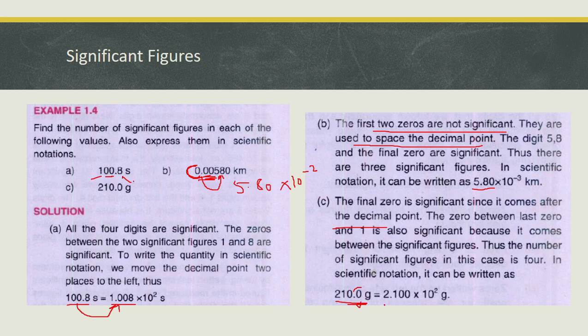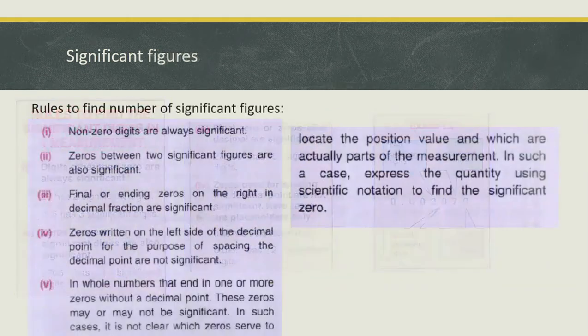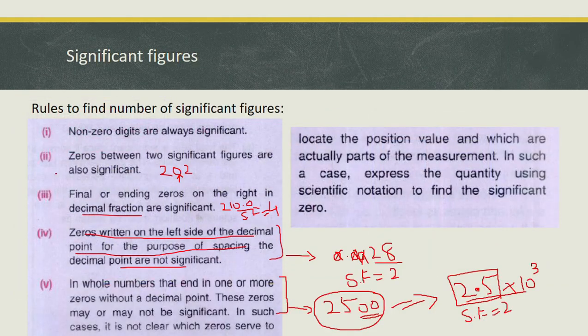When we write it in scientific notation, we move this point before 1 and after 2. So it will be 2.100 times 10 raised to power 3. So it has 4 significant figures. I hope you understand how to count significant figures. Just remember these rules to find significant figures.